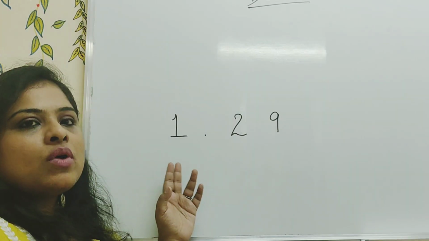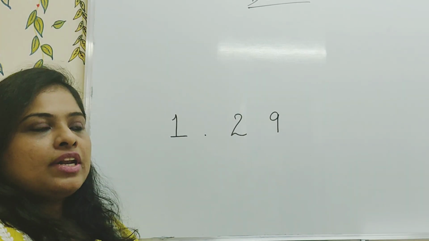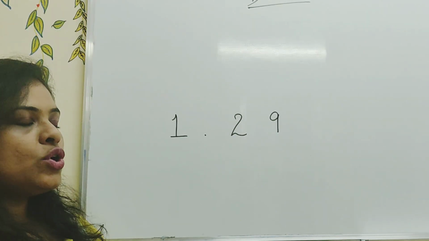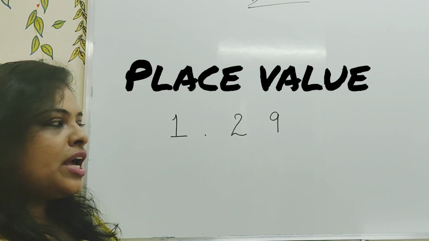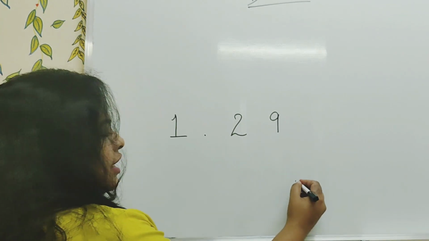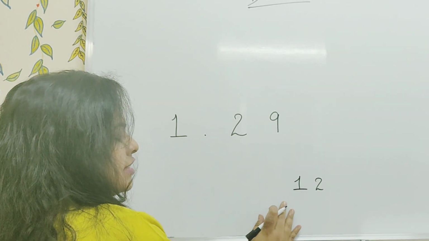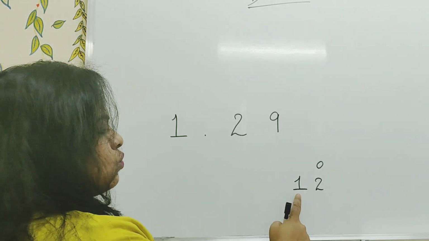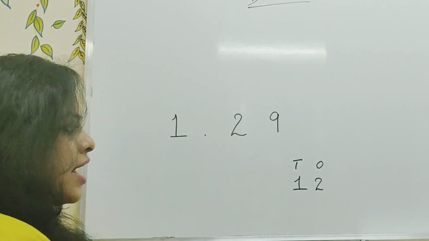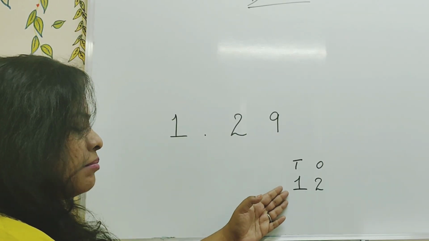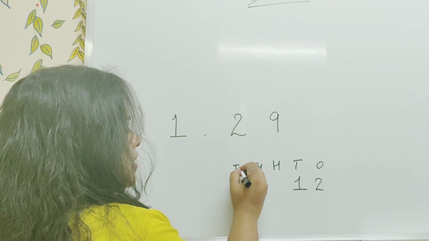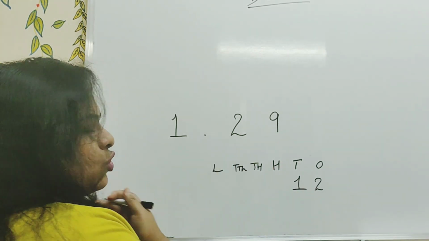We have a problem here, 0.29. When I write 0.29, we need to know the place value here. So we'll be talking about place value. Everyone knows that if I take an example, 12, 2 stands in ones place and 1 stands in tens place. And whichever numbers come further, it will be hundreds, thousands, ten thousands, lakhs and goes on.